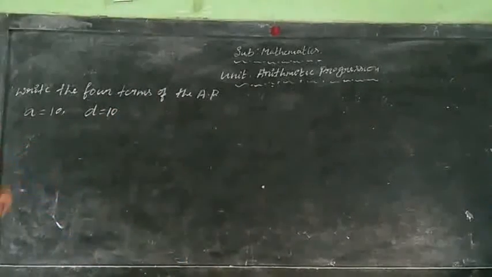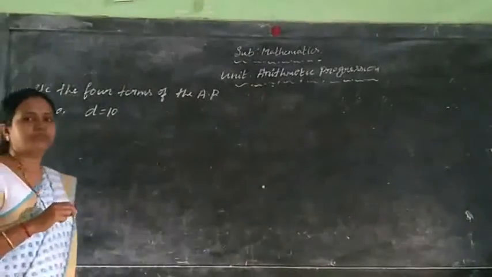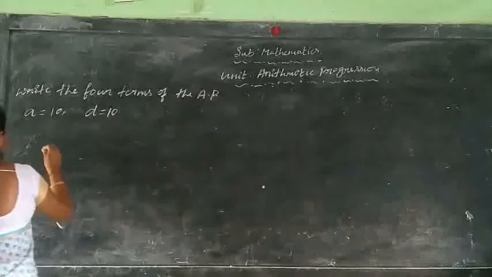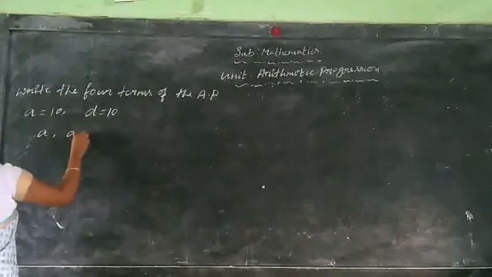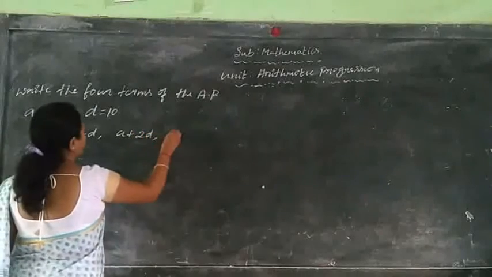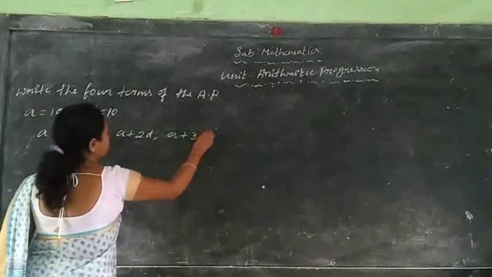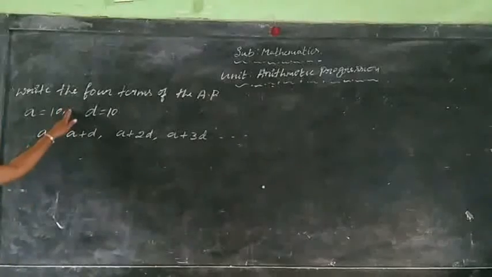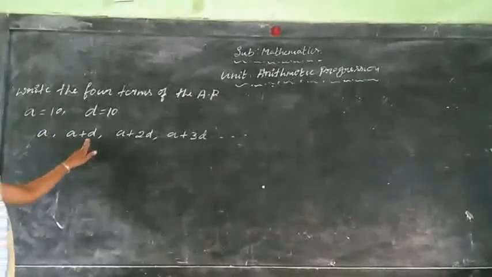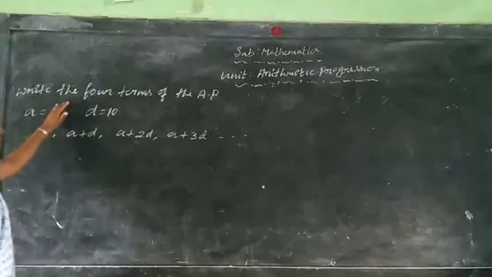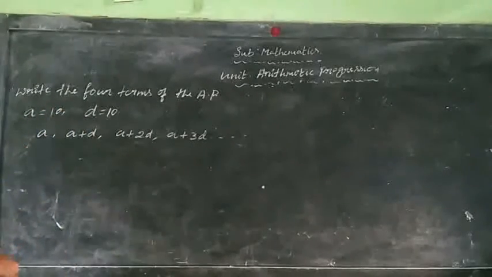Okay. We know the general form of an AP, isn't it, children? What is the general form of an AP? The general form of an AP is a, a plus d, a plus 2d, a plus 3d. So we will take up the first 4 terms because they asked for the first 4 terms. Here we have to write the first 4 terms of an AP, children.